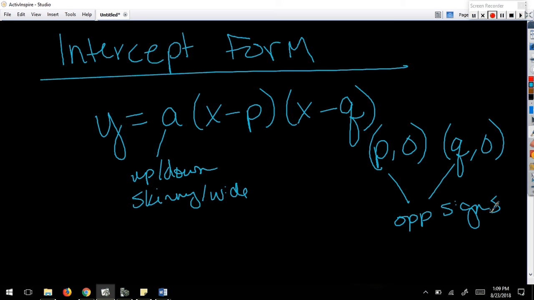Okay? Do you understand why it has 2 x-intercepts and not 1? One, 2. It's X-intercepts, not Y-intercepts. Okay.